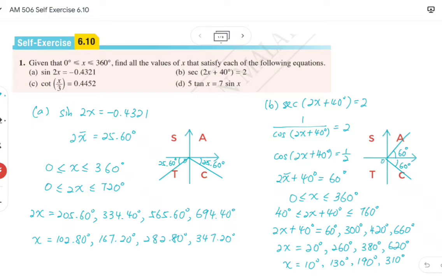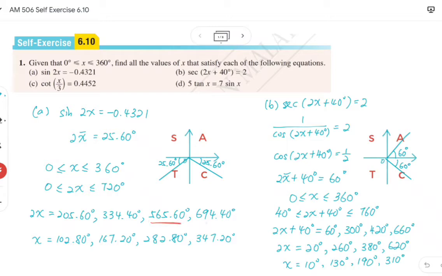So the first angle for 2x, starting from the positive x-axis, turning anti-clockwise, is 180 degrees plus 25.6, we get 205.6. The second angle is 360 degrees minus 25.60, and we get 334.40.